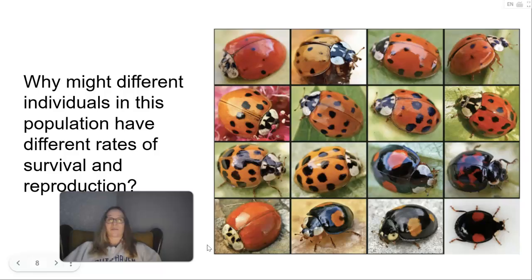All right, so these are kind of similar questions, but why might different individuals in this population have different rates of survival and reproduction? Well, again, depending on the environment, if there's a lot of predators, the ones that are more noticeable are going to be less camouflaged, and the predators might eat them. That puts a damper on their survival, doesn't it?